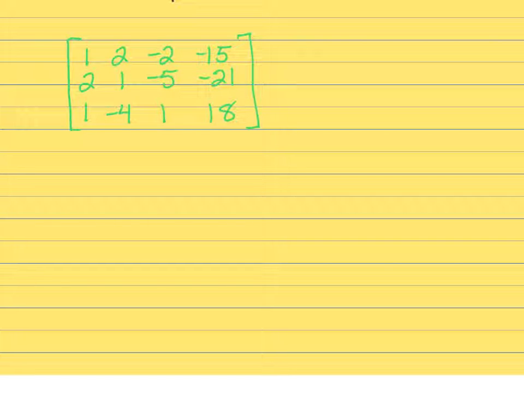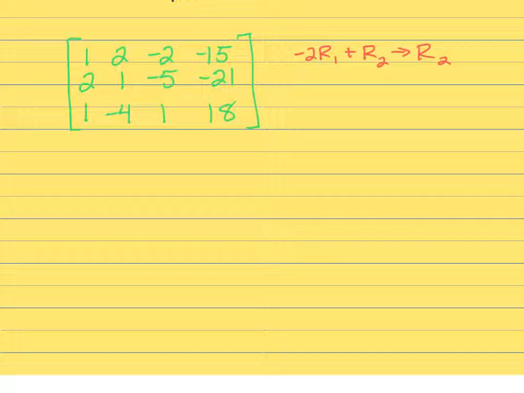So the way it's going to work is, and this is the notation I'm going to use, I'm going to go minus 2 times row 1, add that to row 2, replace row 2. Okay, so that is right on the official first elementary row operation of replacement. We've multiplied one row by a constant, we've added it to another row, and replaced that other row.